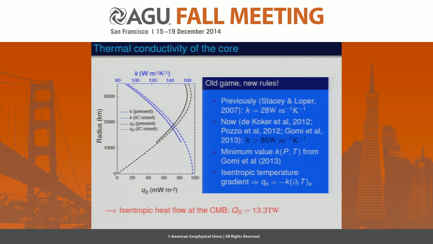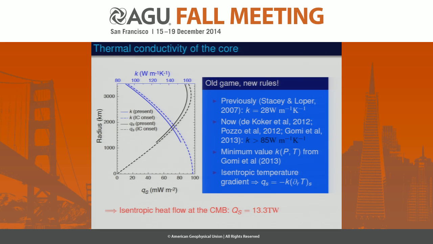But this old game has to comply with a new rule now, which comes from the fact that the thermal conductivity has changed quite a bit in the last couple of years, since the publication of three different papers that are independent and give essentially the same answer on the thermal conductivity, which is about 3 times larger than the conductivity value that most people were using before.